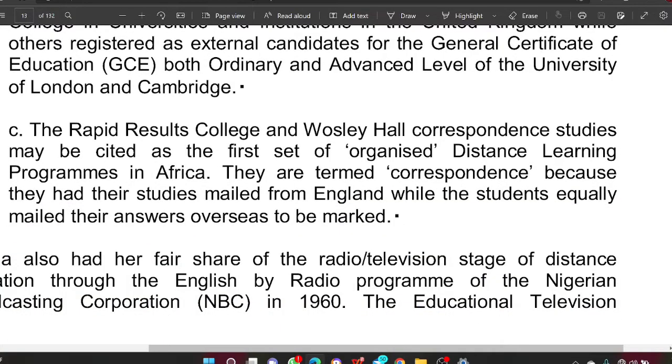C. Rapid Results College and Wolsey Hall. All correspondence studies may be cited as the first set of organized distance learning programs in Africa. They are termed correspondence because they had their studies mailed from England while the students equally mailed their answers overseas to be marked.